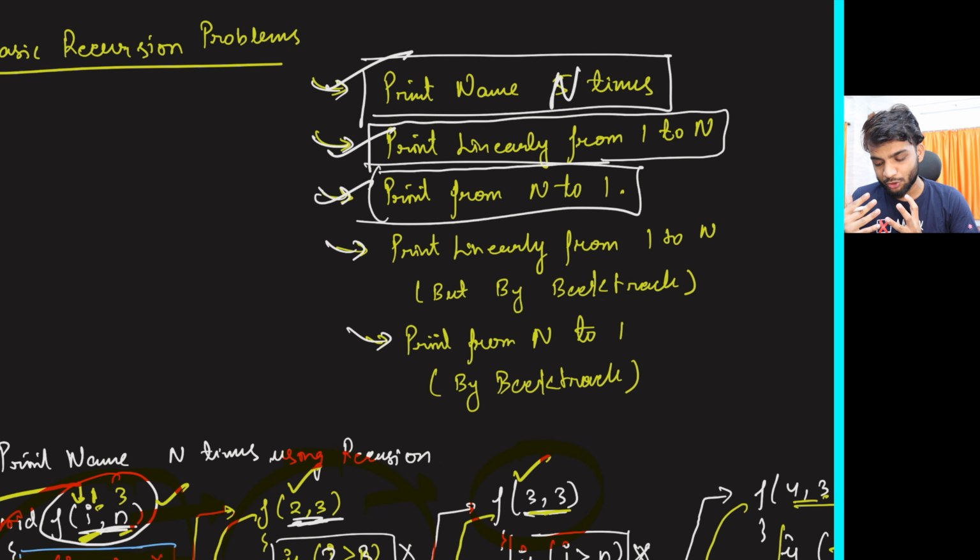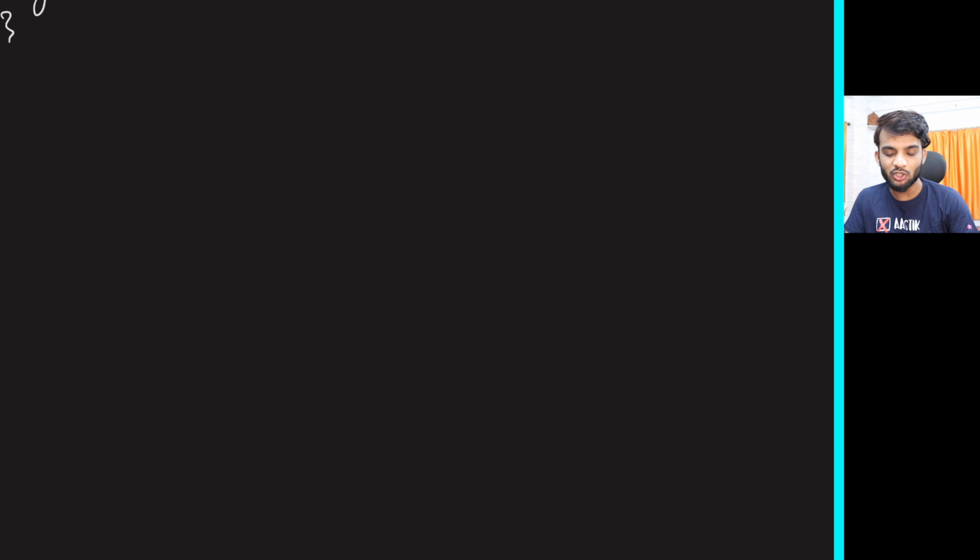I want you to change it and think in the reverse order. What if I want to print from 1 to n, but I don't want to do I plus 1. Instead, the recursion call starts from n comma n usually.